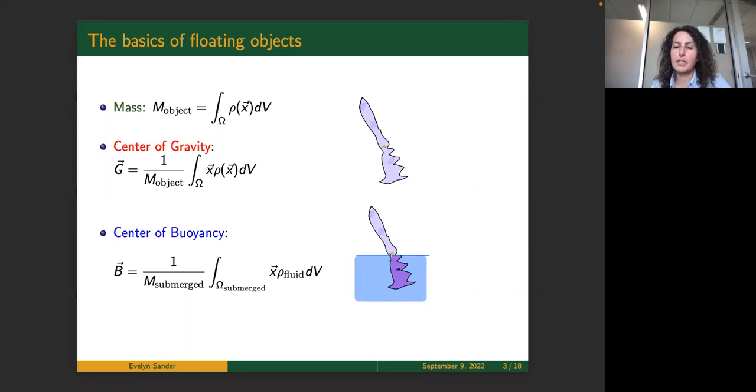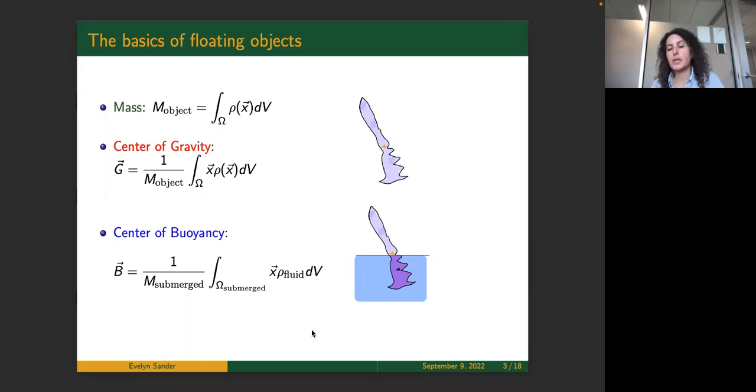So the center of buoyancy is going to be somewhere else, and I guess it depends, but if you have a piece of the object sticking up above the water, then you expect the center of buoyancy to be below, because you're only integrating over a part of the object.